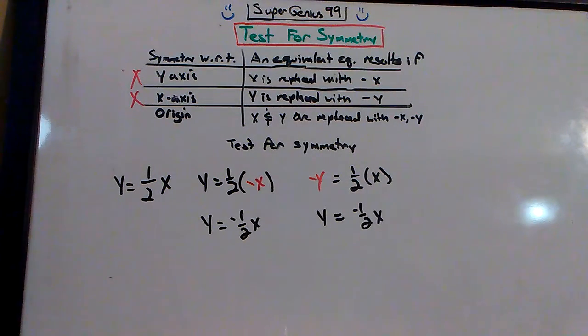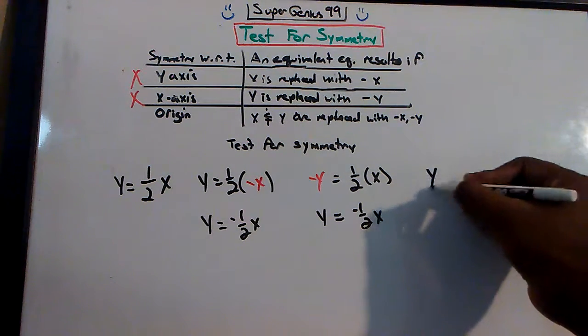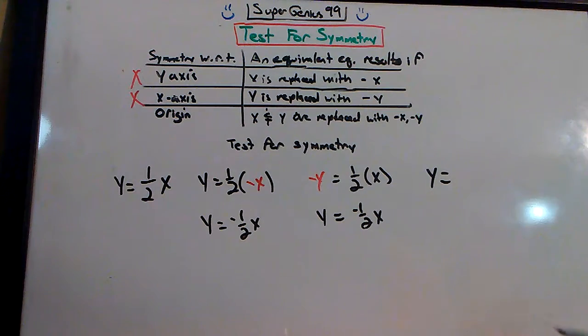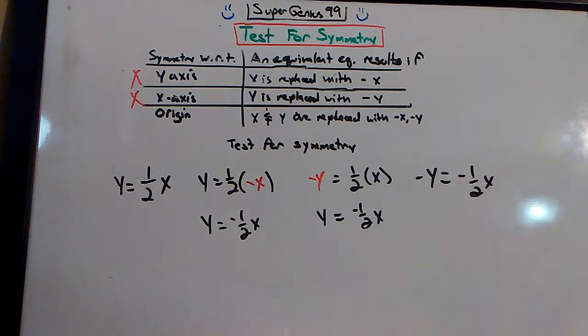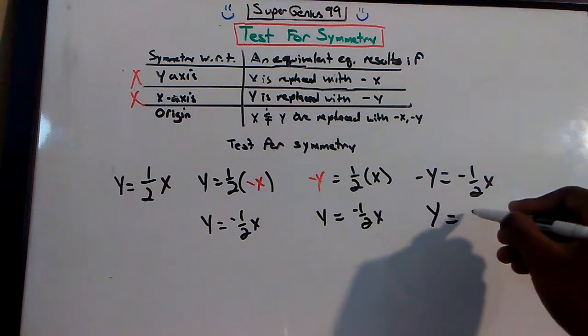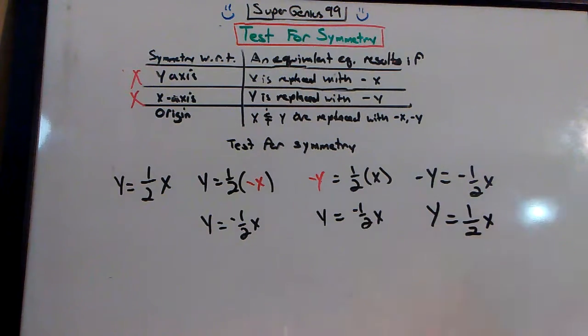Let's see what happens if we replace x and y with the negative x and negative y. So negative y is equal to negative 1/2 x. Okay. If you multiply everything by negative 1, you get y is equal to 1/2 x.